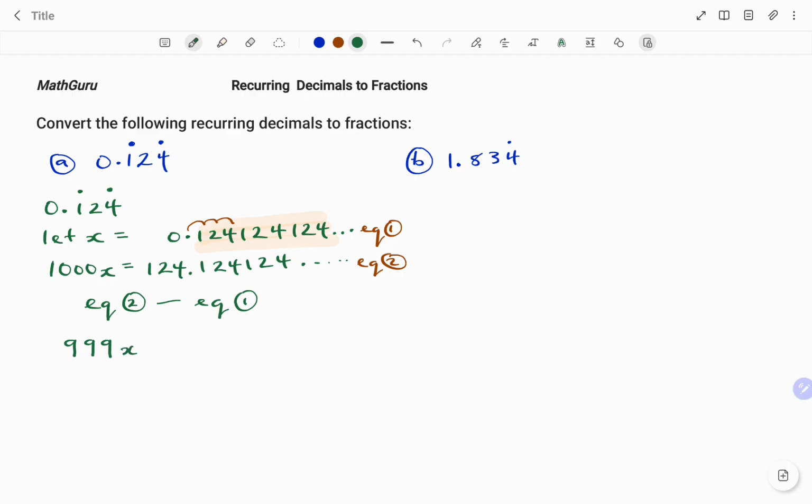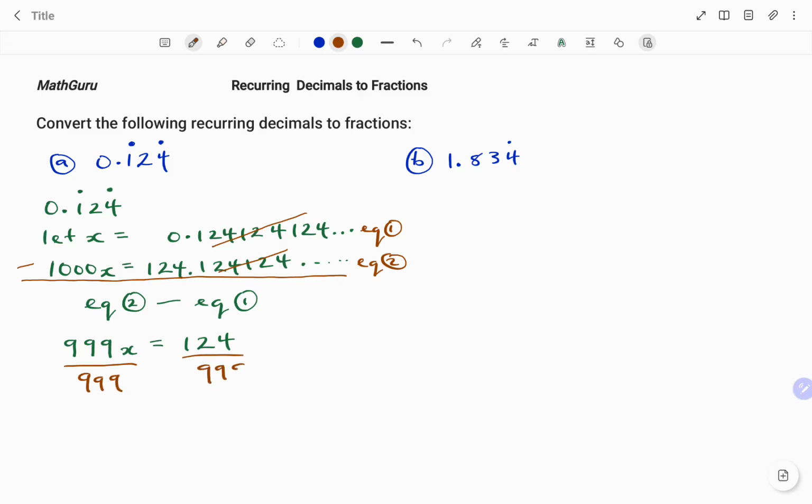And on my right, the decimal part cancels out. I'm left with 124 minus 0 for my whole number part, and that's 124. Therefore, to find x, I'm going to divide both sides by 999.